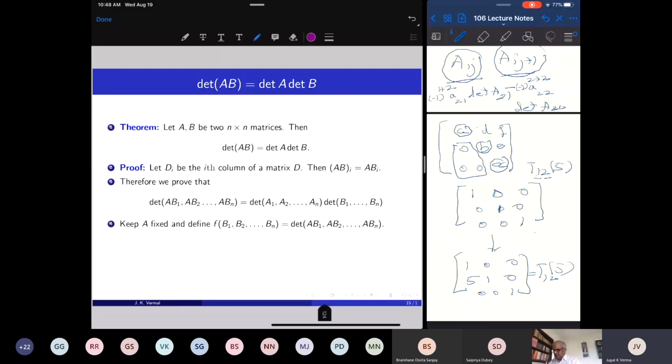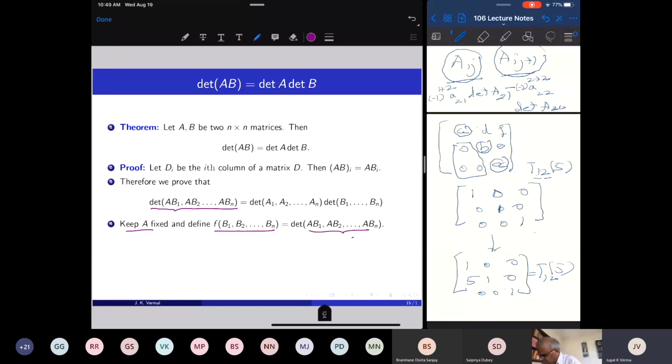Now here comes the non-trivial step in the proof. Keep A fixed. Define a new function on the space of n by n matrices, f of b1, b2, bn. B is now a varying n by n matrix, A is fixed, and I define this function f as the determinant of Ab1, Ab2, Abn.